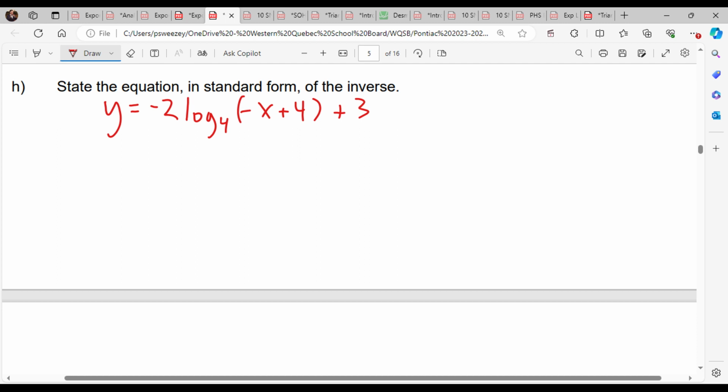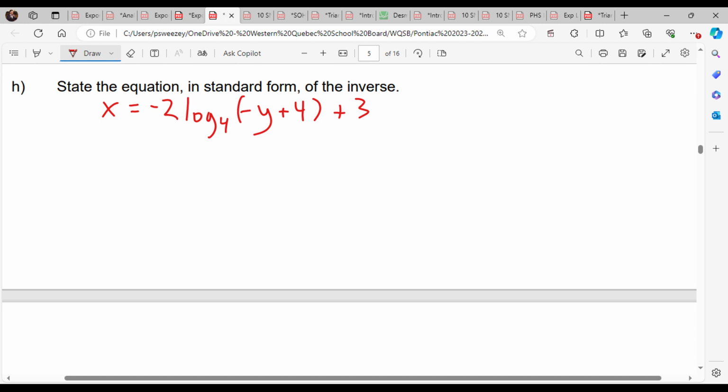But let's walk through the actual idea of what is happening here, and let's see what skill set we can kind of develop. Everything switches. So this just becomes y, x, right? So for this inverse, we're swapping things out, then we're going to move it around and see where we go from there.